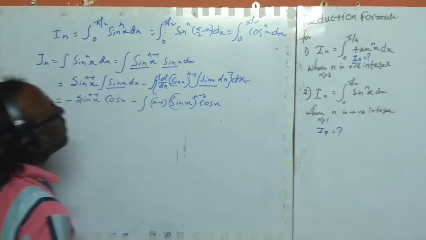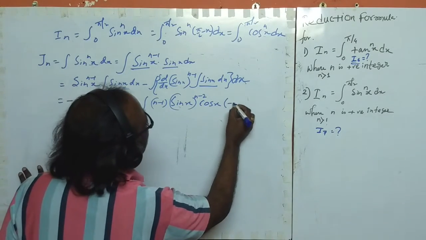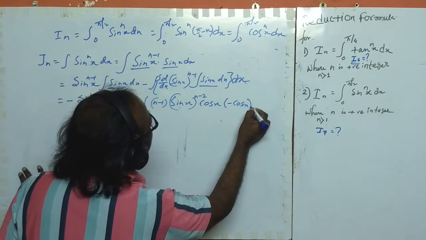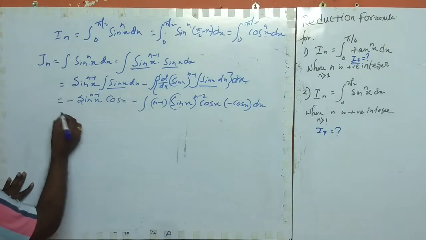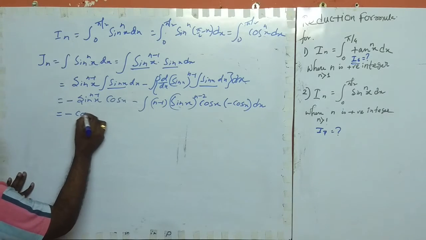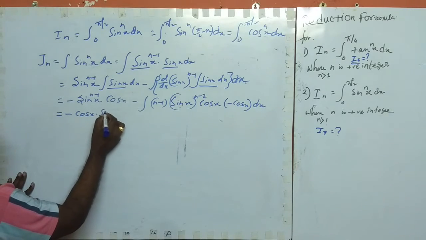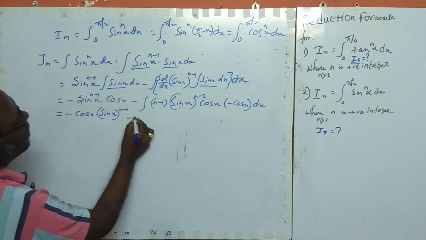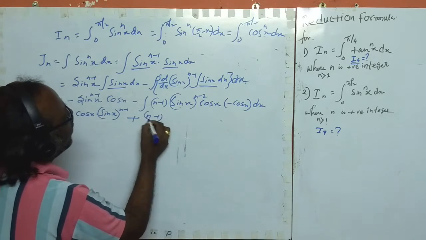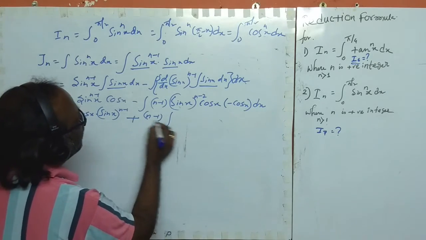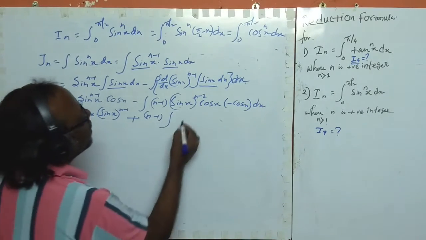Again, integration of sin x is minus cos x. So we get minus cos x sin x to the power n minus 1, and minus minus is plus, plus n minus 1.